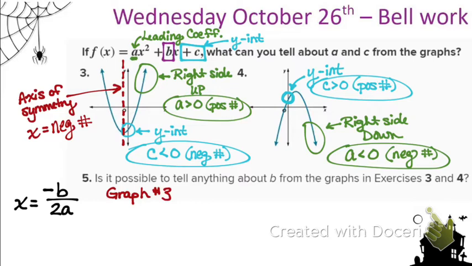A negative number. So I have some kind of negative number that would be equal to negative b over 2a. What did we say about a on this graph? I don't know that it's 1, but I do know that it's what kind of number. I know it's a positive number because the right side is going up.